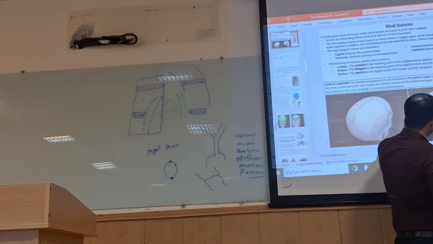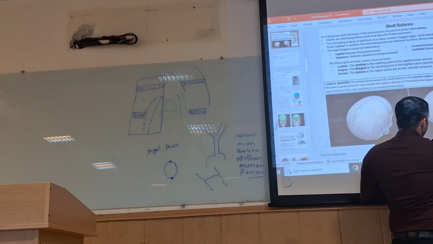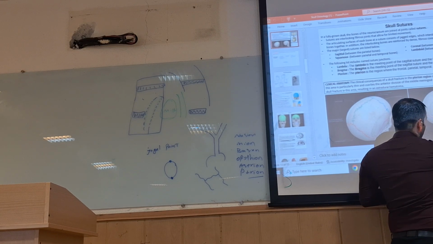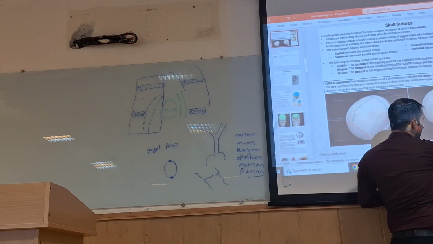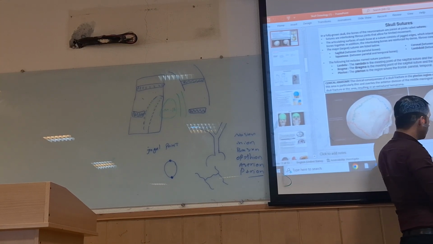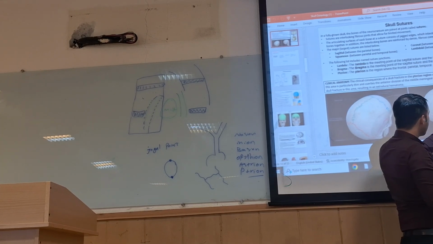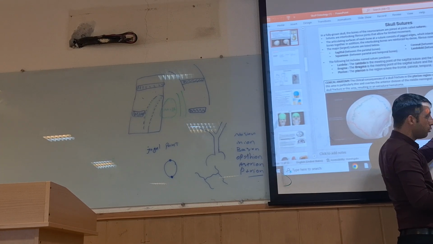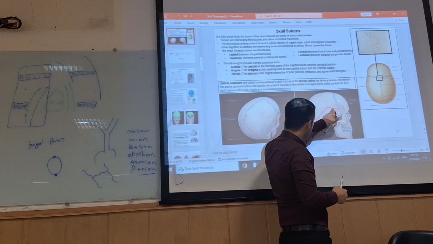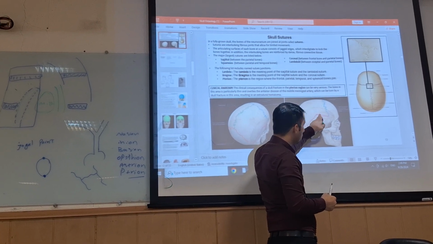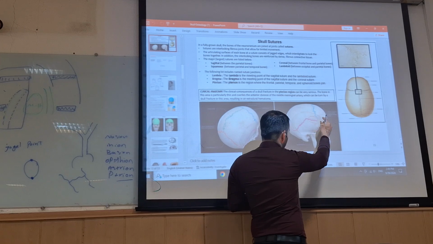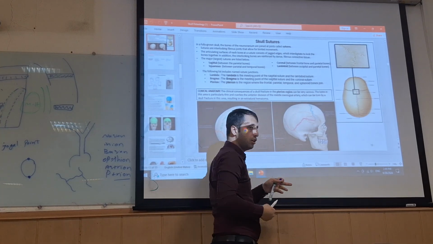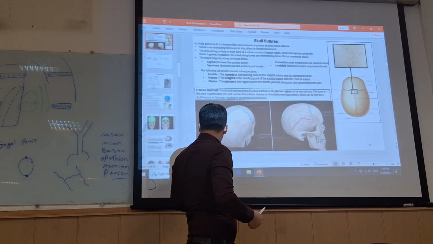Parietal, squamous. Between the greater wing of the sphenoid and the squamous part of the temporal bone, it is named the sphenotemporal suture at this area, and posteriorly here is the squamous suture. This H-shaped suture in the lateral view of the skull is named pterion.